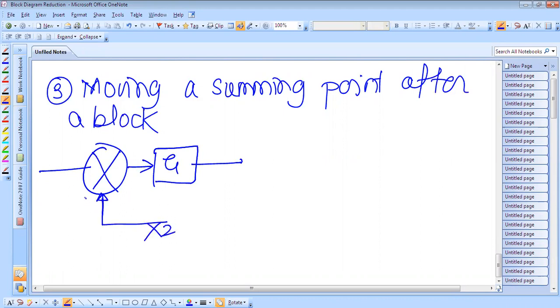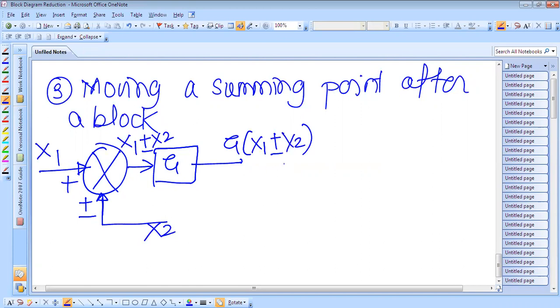The signal coming from this feedback loop is x2. From the input side it is x1. Now x1 is added with this x2 and it is multiplied by G, so what will we get here? G into x1 plus minus x2.